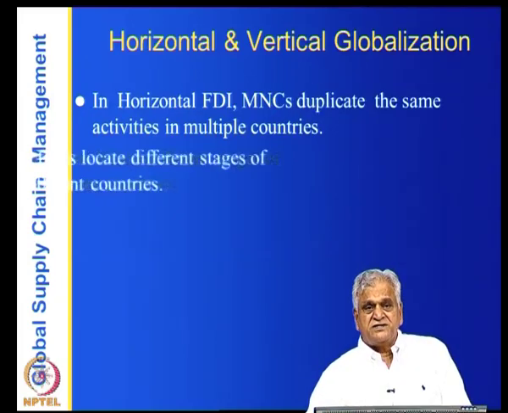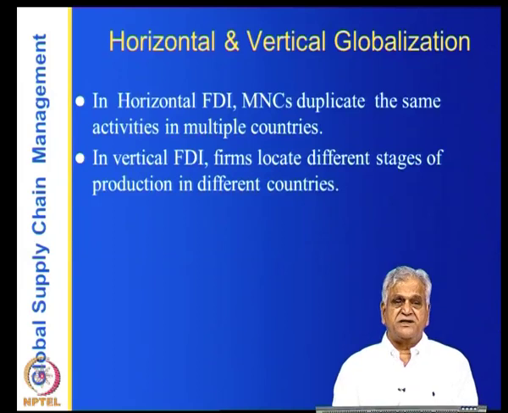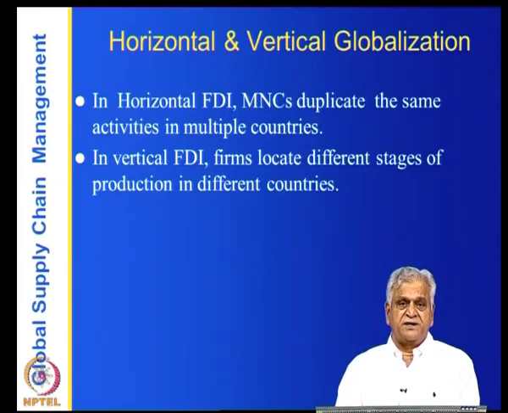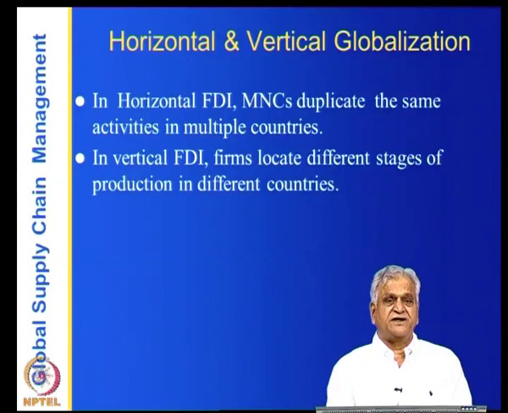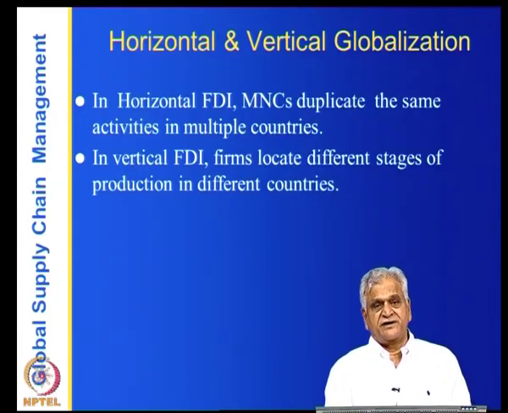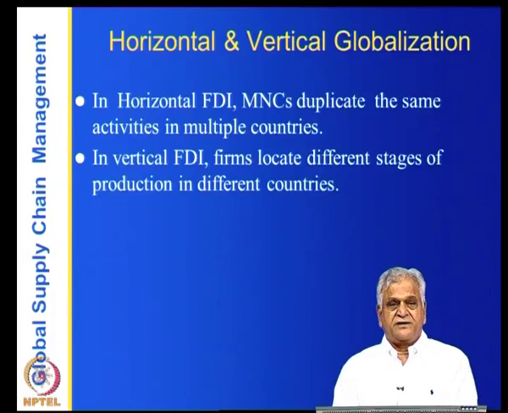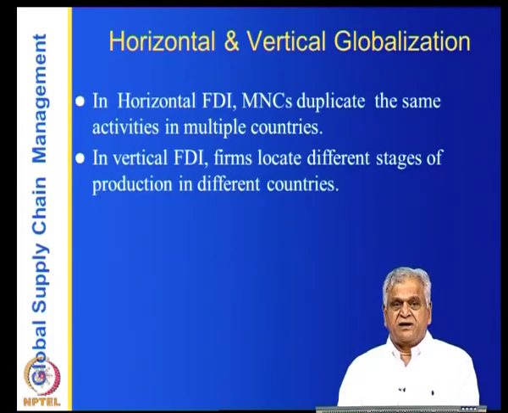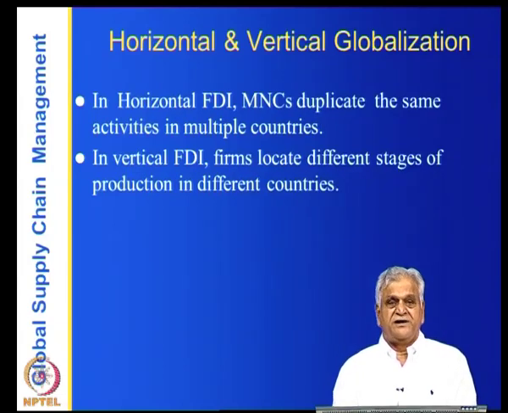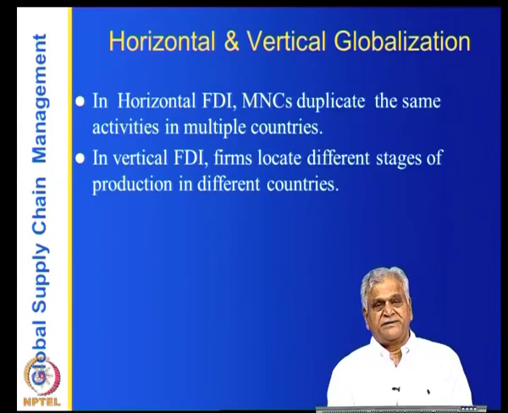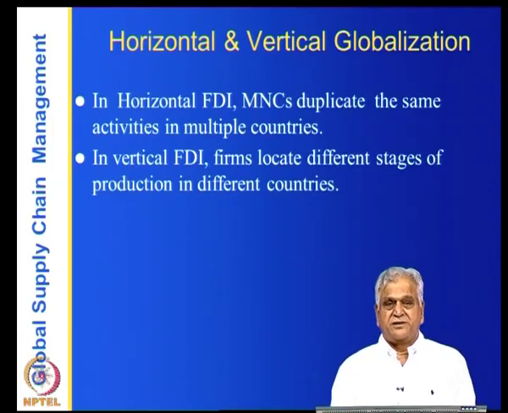But on the other hand, what is more prevalent nowadays is vertical foreign direct investment, where firms are located in different stages of production in different countries. In other words, the Intel chip is made in Malaysia, the power supply is made in India, and the monitor is made in Thailand, and all these are brought to a particular country where they are assembled, which is close to the customer, and they are delivered to the customer.